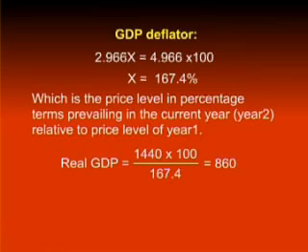We can now compare this real GDP with the real GDP in year 1. Note that in year 1 the real GDP would be equal to the nominal GDP because the year 1 price level is also taken as the base year price level. So if you multiply the nominal GDP of 600 by 100 and you divide it by 100, you still get 600.